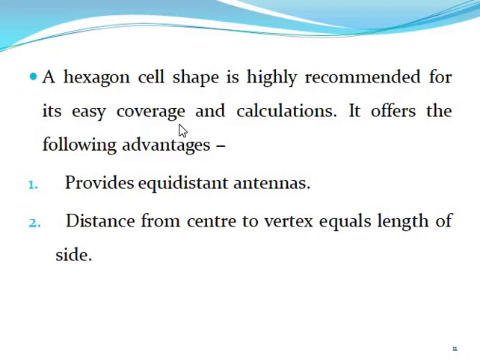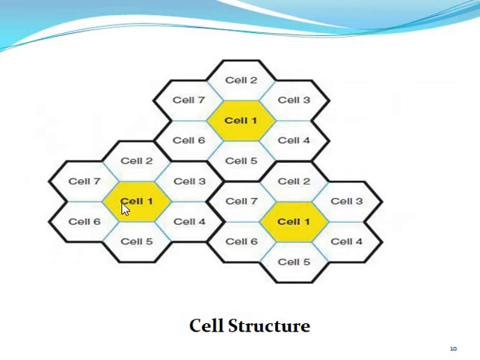How do you establish a cell in a particular location? Its advantage is that it provides equidistant antennas, and the distance from the center to the vertex is equal to the length of the side. So the cell is a hexagonal cell.